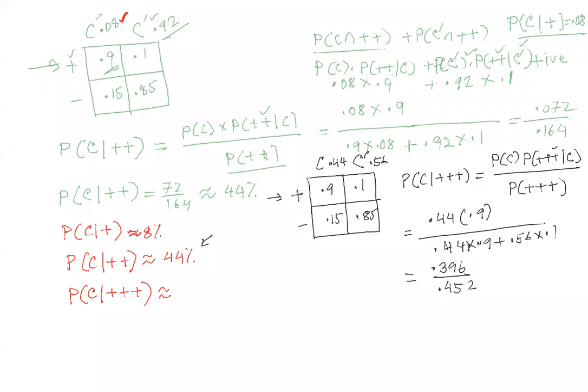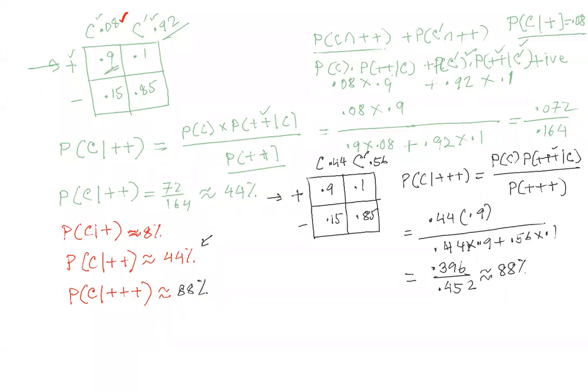So 0.396 divided by 0.452 is about 87.6%, or approximately 88% chance. Okay, so someone who said 87.6%, that's what the answer is. So this is about 88% chance that someone has cancer.